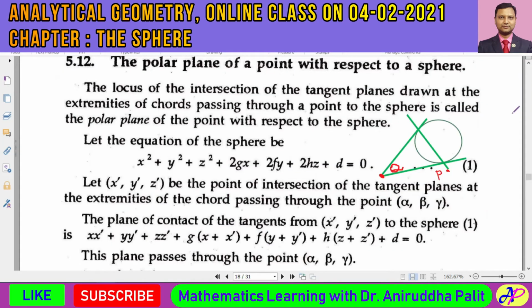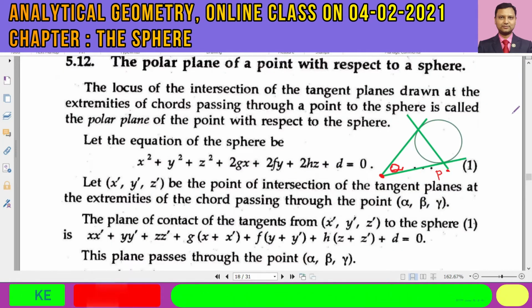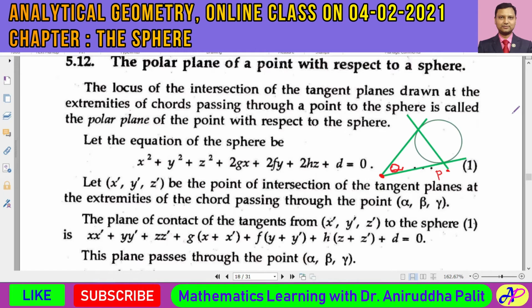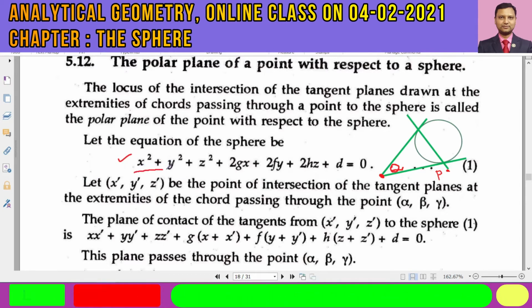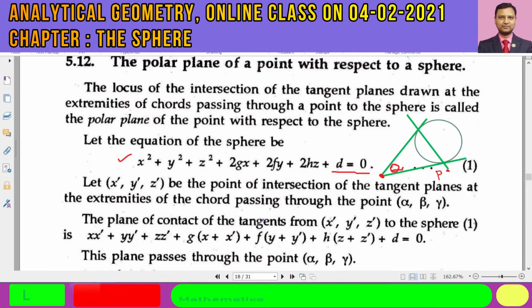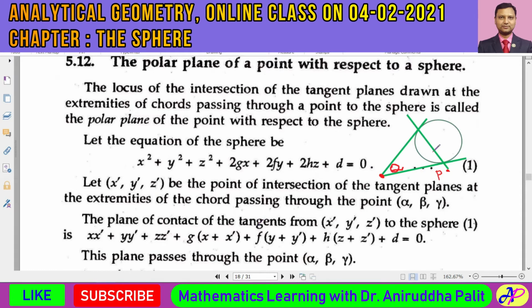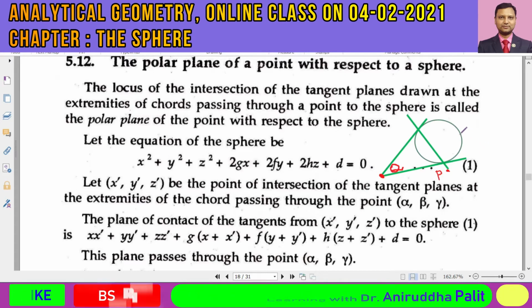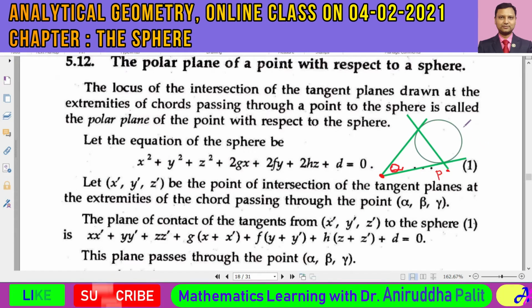Let us now consider the polar plane of a point with respect to a sphere. What is a polar plane? Suppose this is the equation of the sphere: x square plus y square plus z square plus twice gx plus twice fy plus twice hz plus d equal to 0. Over here, I tried to draw this picture of a sphere.